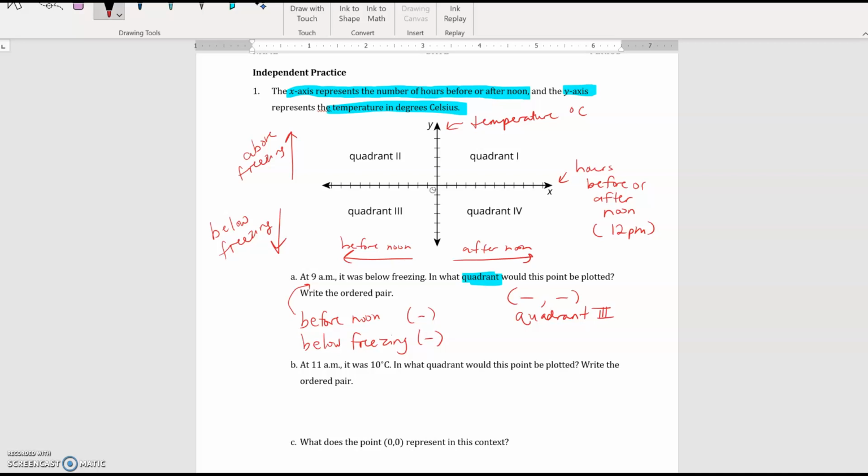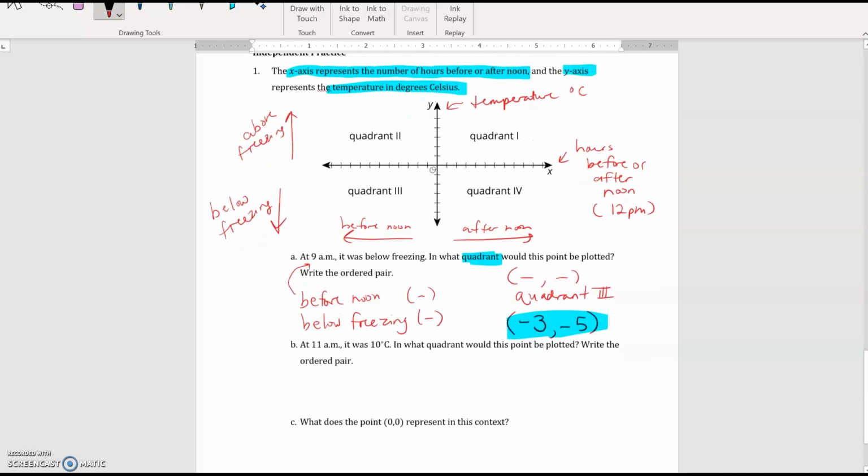And if I were to write an ordered pair for this, thinking about this, 9 a.m. is 3 hours before noon. So that's -3 for x. And I just have to write some temperature that's below 0. So I'm just going to write down -5. And this is an example of an ordered pair that would make this work. -3 meaning 3 hours before noon, and then -5 being a below freezing temperature.